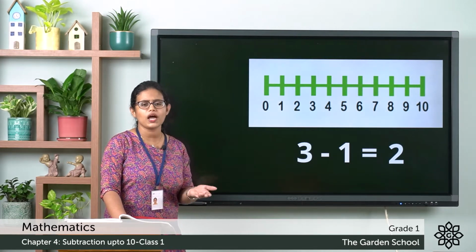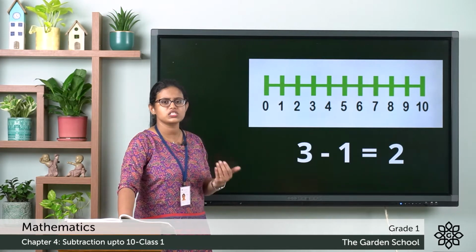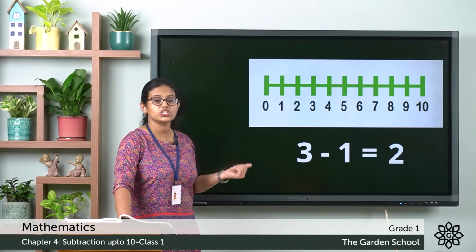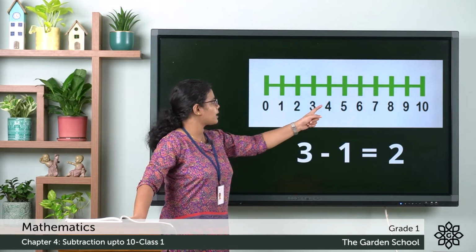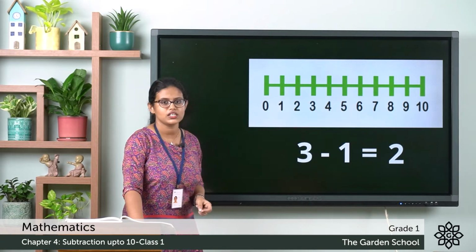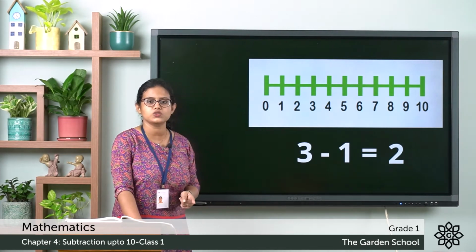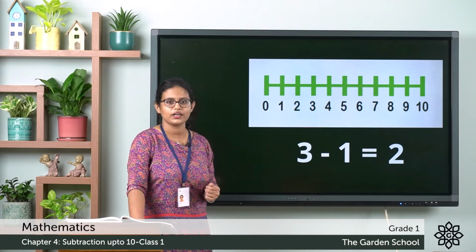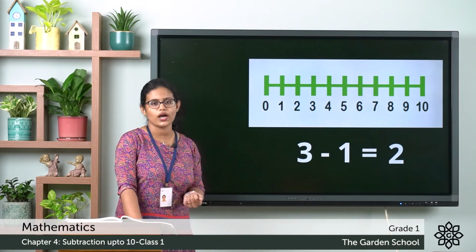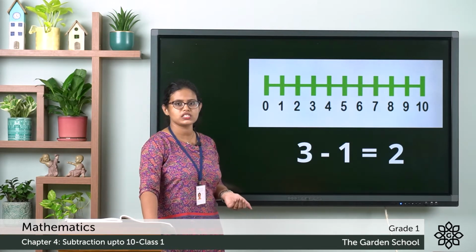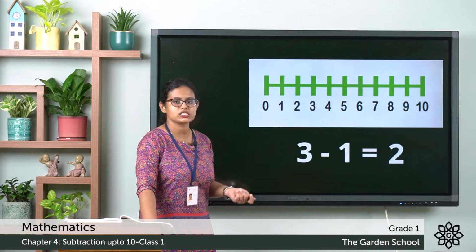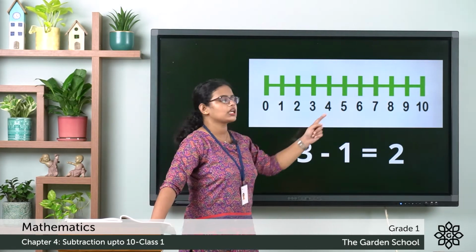Then 4 minus 1. Which number comes before 4? 4 is here. So which number comes before 4? 3. So what is 4 minus 1? 3. Another one. 5 minus 1. First find where is number 5? 5 is here.